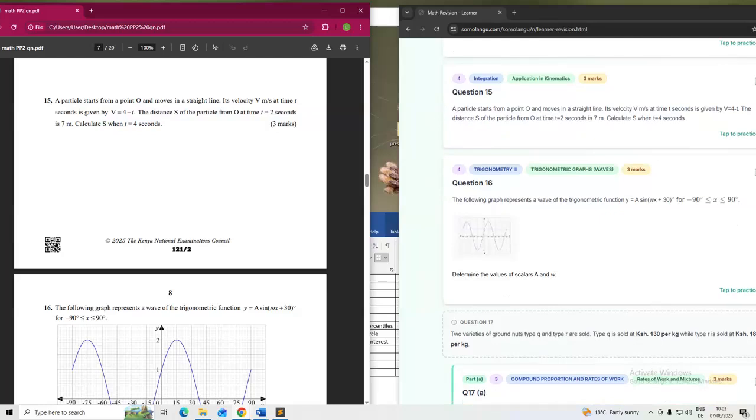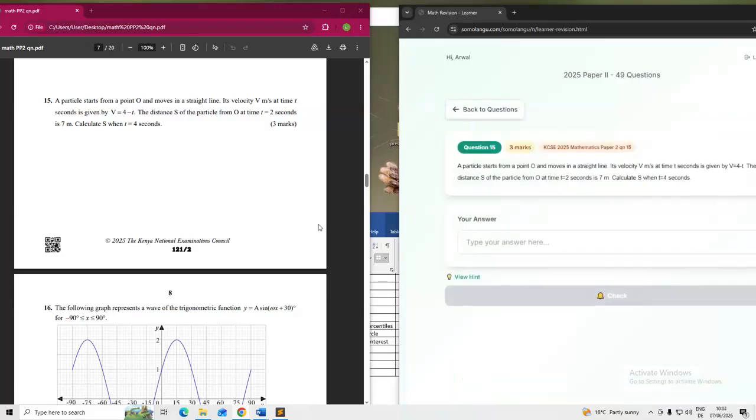According to Somolangu, this is a Form 4 question on integration, and more specifically application in kinematics, a 3 marks question. The key concept here is that displacement is obtained by integrating velocity with respect to time. This question tests both integration skills and interpretation of physical quantities.